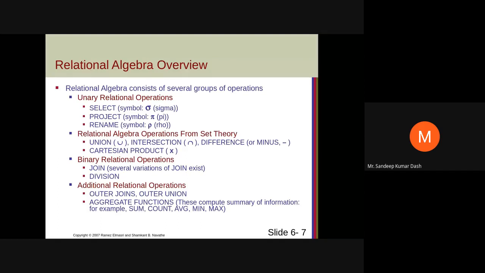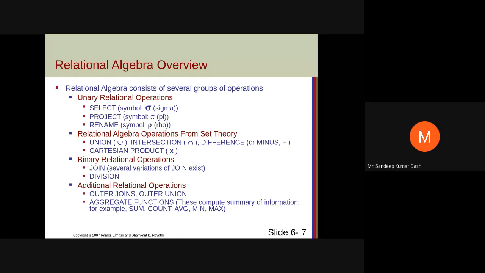So everything in that table will be displayed. That is a unary relational operation. Under unary relational operation, which works on a single relation, you have three basic operations: select, project, and rename. Select is symbolized by the symbol sigma. Project is written using the symbol pi. Rename is written using the symbol rho.